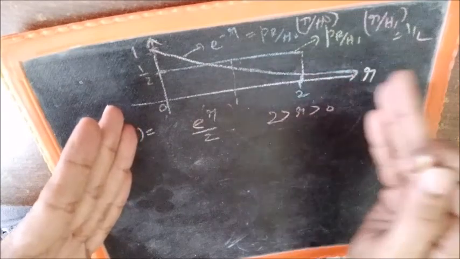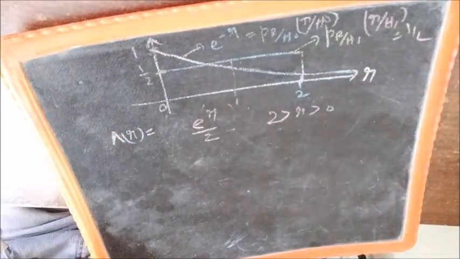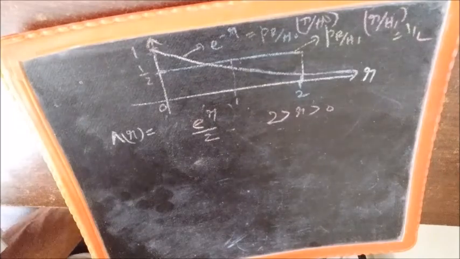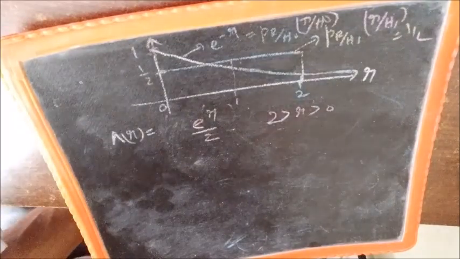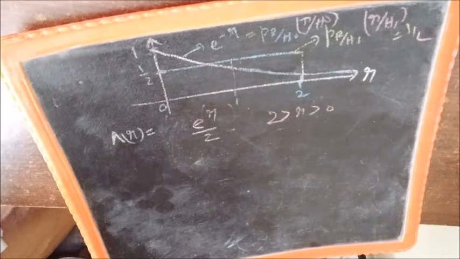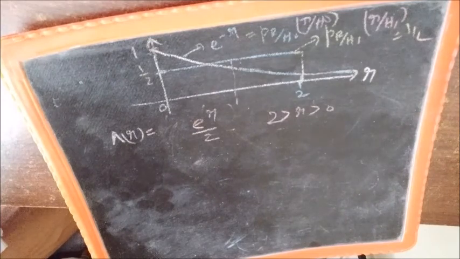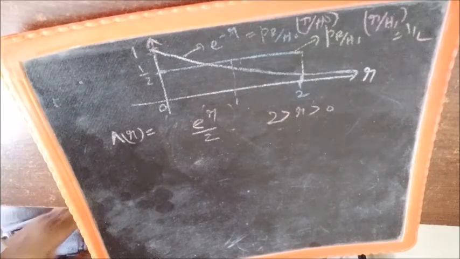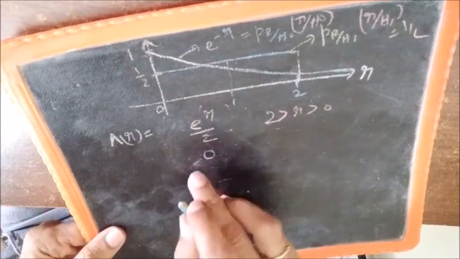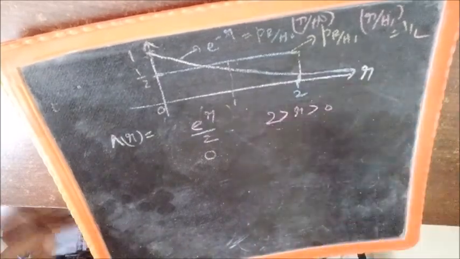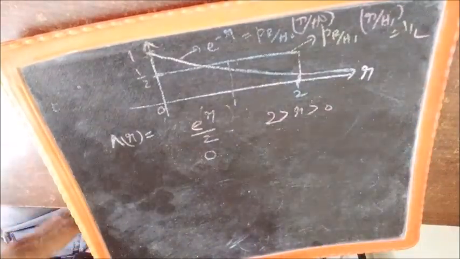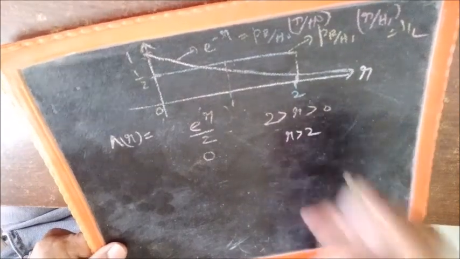Whereas for r greater than 2, we don't have to worry about r less than 0, because r is always positive. The density functions say that r is always positive. So for r greater than 2, p(r|H1) becomes 0 and p(r|H0) is e raised to minus r. So p(r|H1) by p(r|H0) will be 0 for r greater than 2.